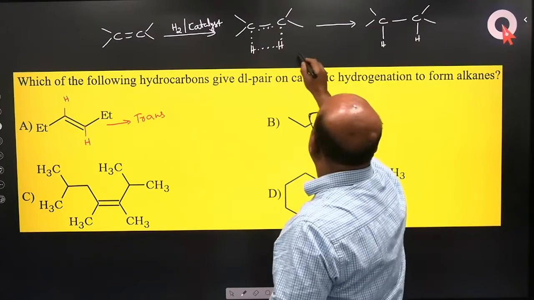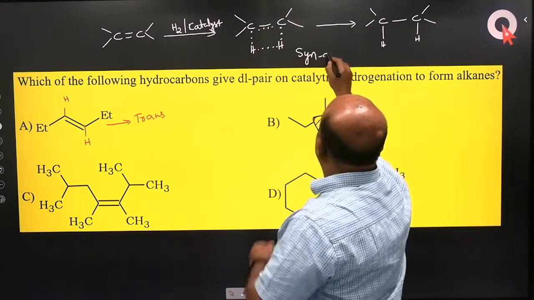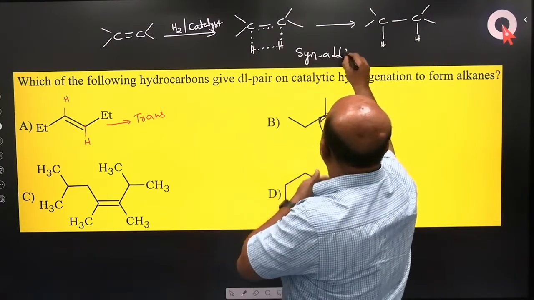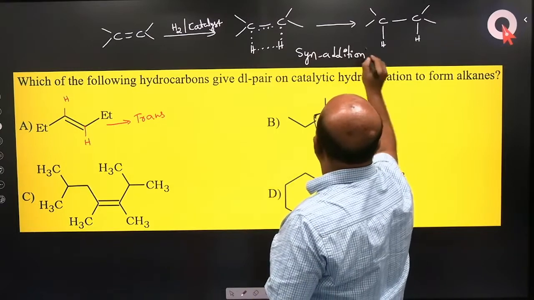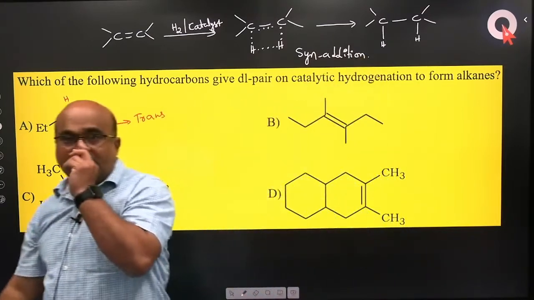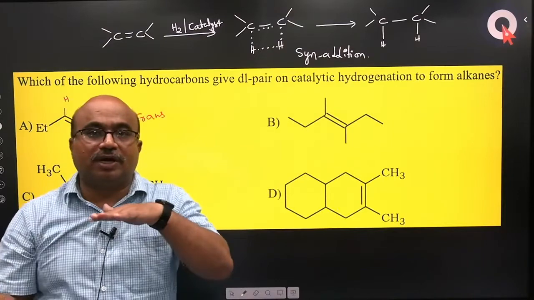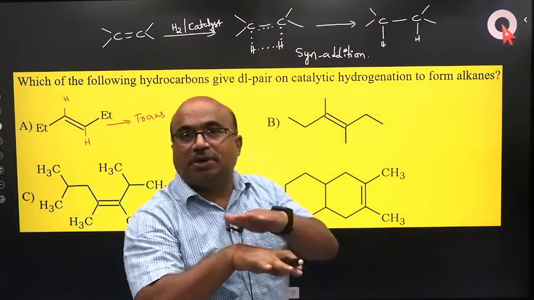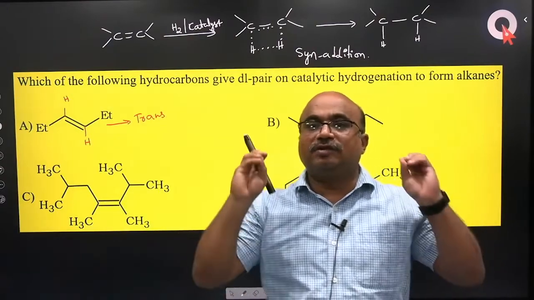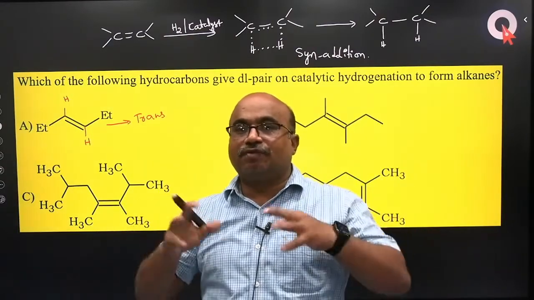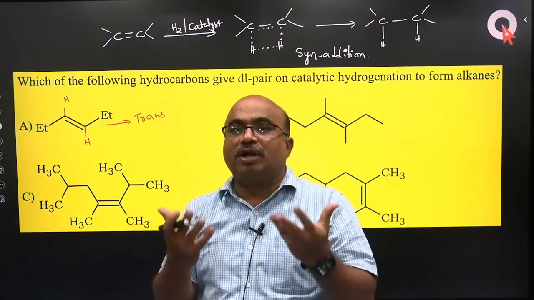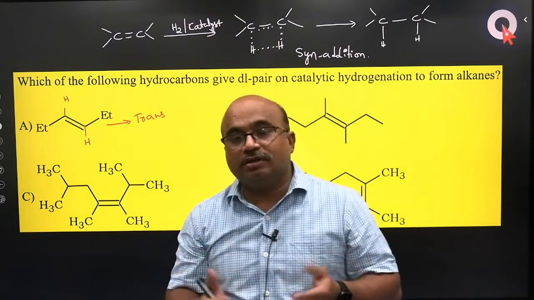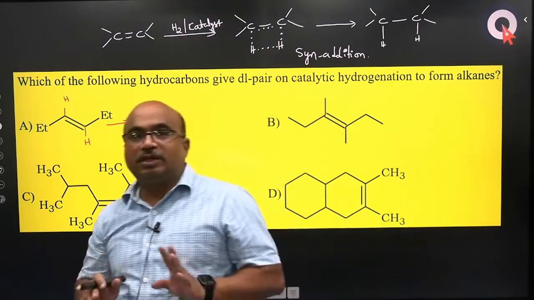So, the addition is what we call syn addition. When we consider any molecule, if the catalytic hydrogenation process is there, the addition is a syn addition. So, for the trans compound, if you are adding hydrogen through syn, then what do we see?